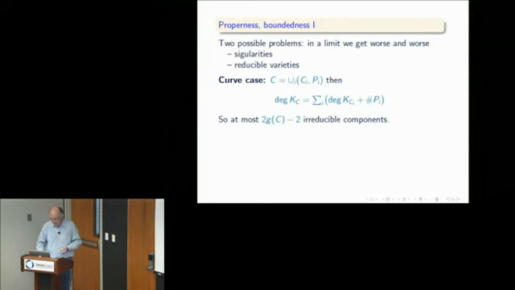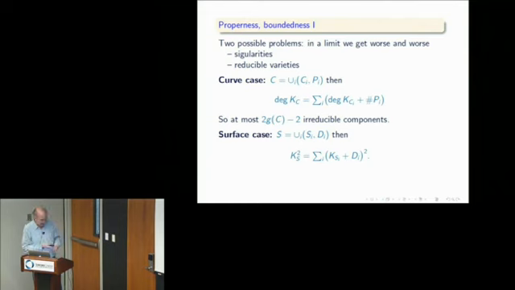Well, could we do the same thing, for instance, on a surface? Again I write it as the irreducible components themselves. Where two curves used to meet at a node, here two irreducible components typically meet along some curves.